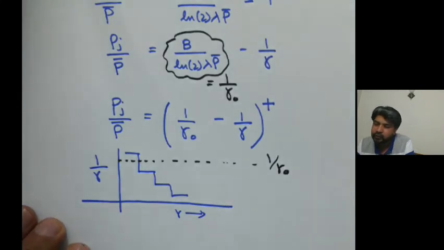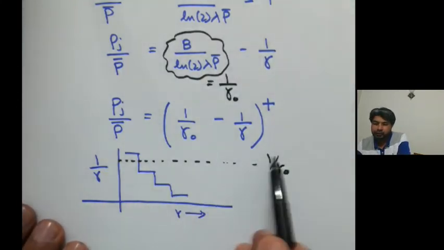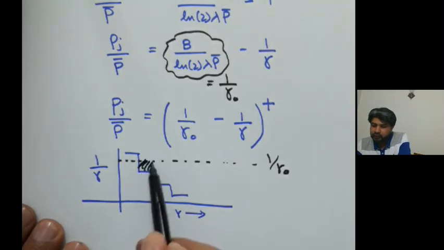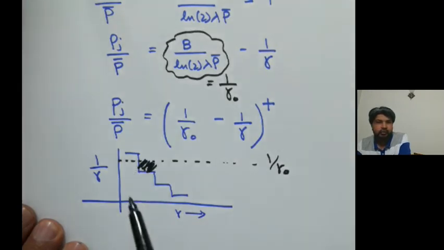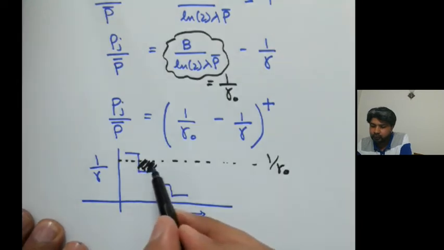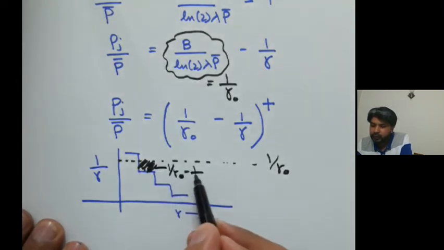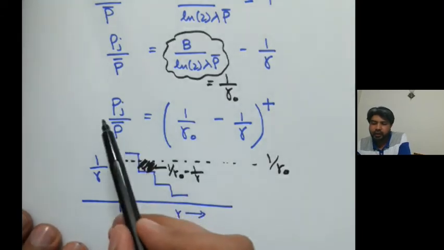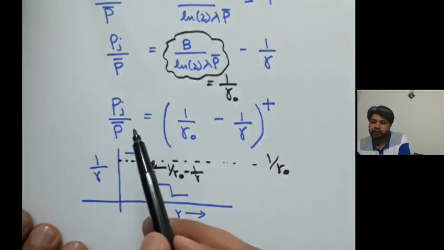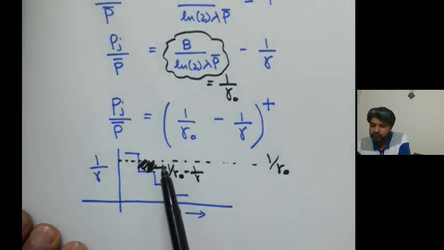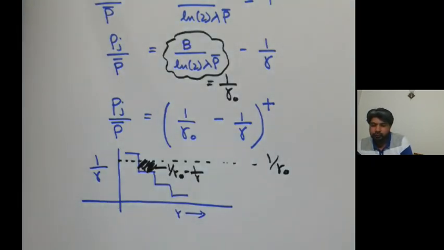So this is the water level, and this remaining term here, this shaded portion which I'm drawing, can be thought of as 1 over gamma naught minus 1 over gamma, which is nothing but the power you're going to pour into the channel if the channel is in this state. If your channel is in this state, then how much power would you pour?